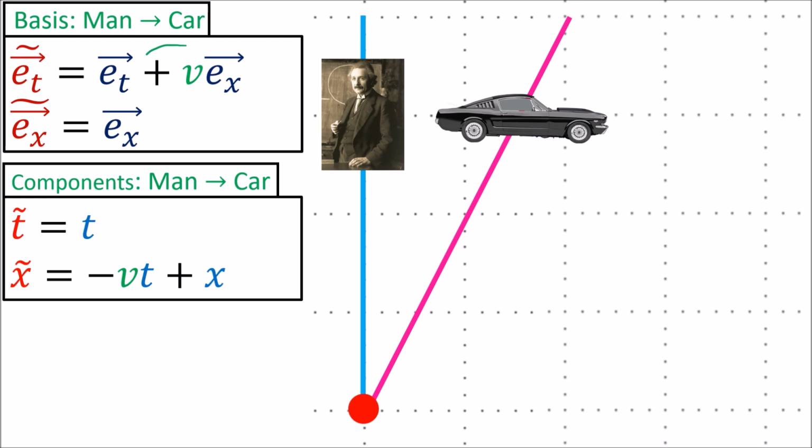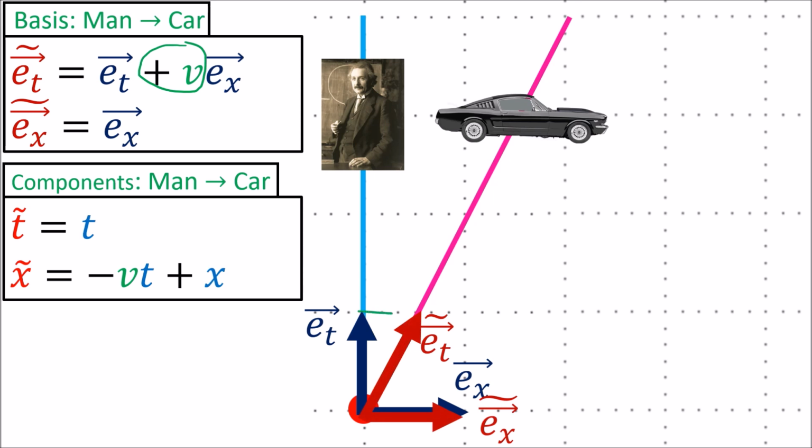What's happening is that the plus v term here is pushing the et tilde basis vector to lean more in the positive horizontal direction, and that's why it's slanted. Meanwhile, this minus v is pushing the x tilde component more in the negative direction.